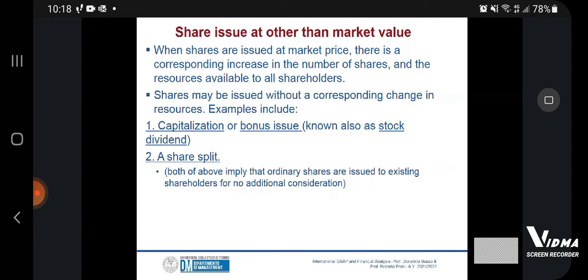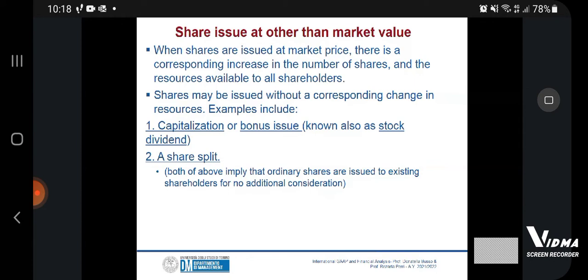Another example may be a share split. A share split is the case when ordinary shares are issued to existing shareholders for no additional consideration. Instead of issuing a stock dividend, the share split happens when the company may judge that the price of the share in the market is too high for one share only, and what they do is make a share split, like one stock is going to be split in two parts.